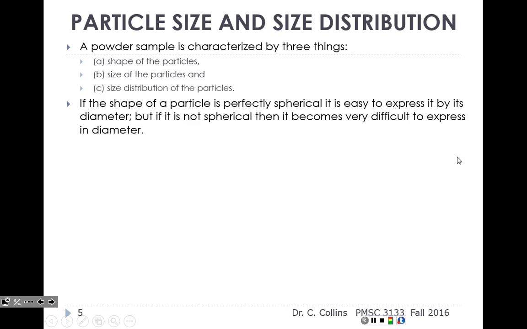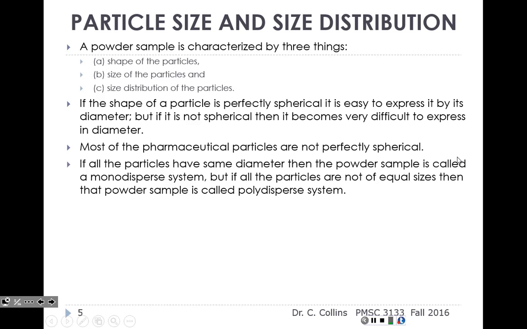If they're significantly different from being spherical, then characterizing the particle can be very difficult. And even though we think of them as spherical, they're not perfect spheres, but that's an approximation that we make.